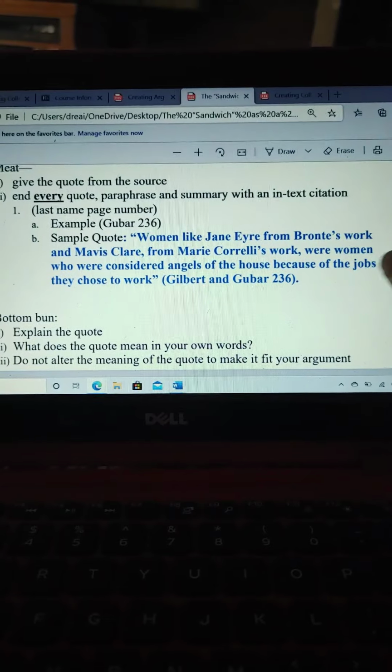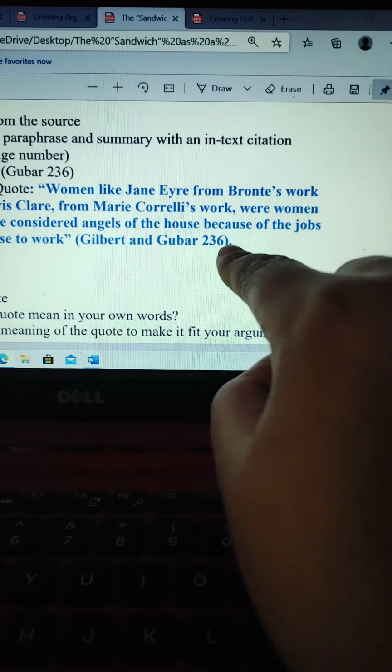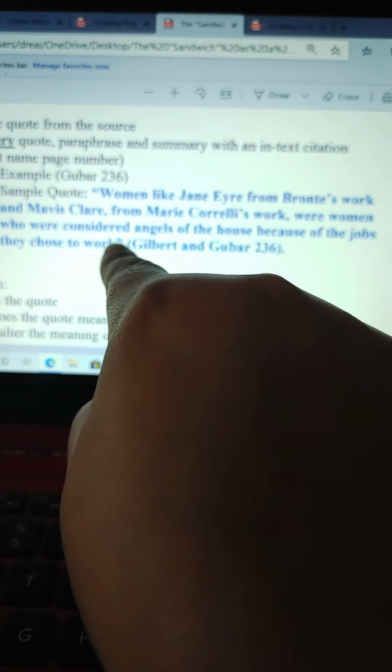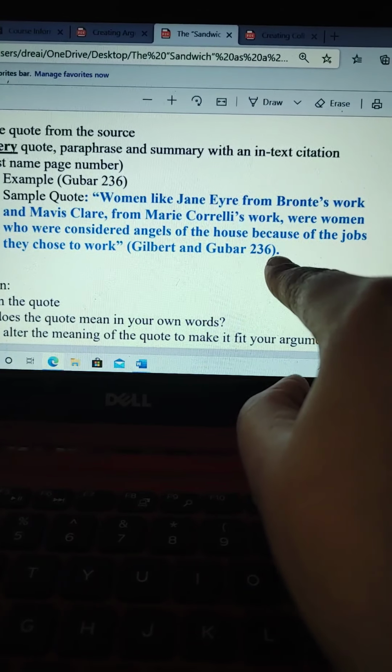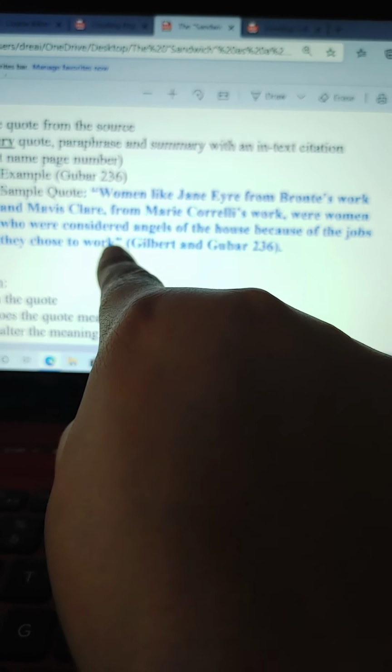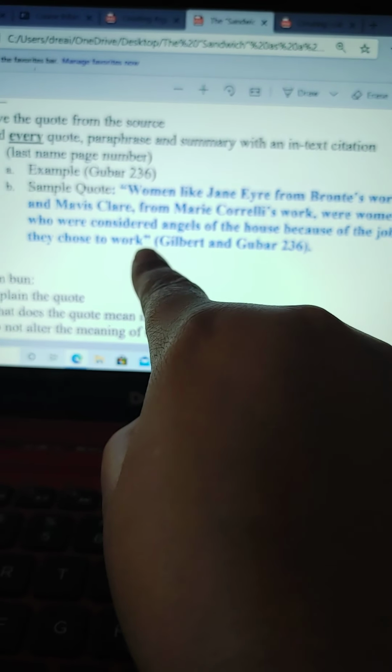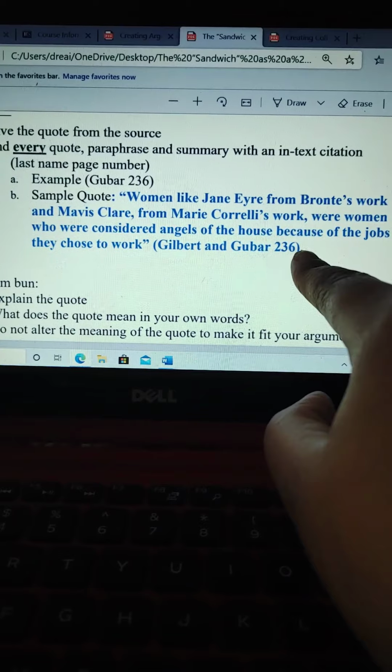Notice my period does not come until this closing parenthesis. Do not put a period here. It does not go here after the quote. It goes after the closing parenthesis. Keep that in mind. If you put your period here, I will deduct 1 point every time you do it. Okay? So put your period here.